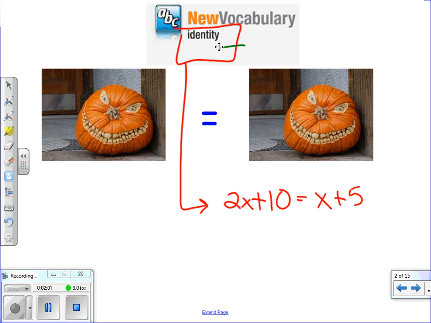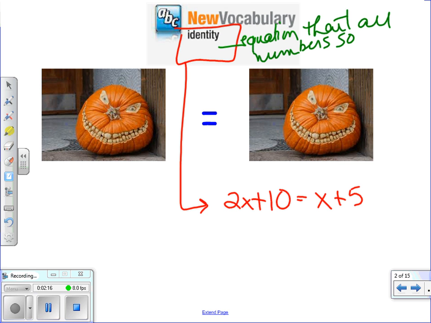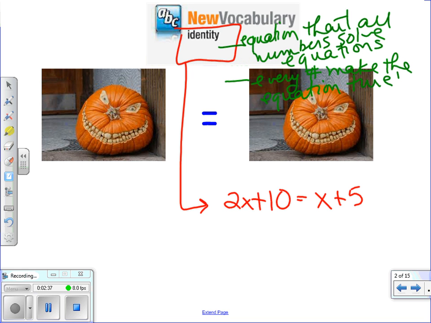So an identity is an equation that all numbers solve. Every number makes the equation true. Okay, that's an identity.